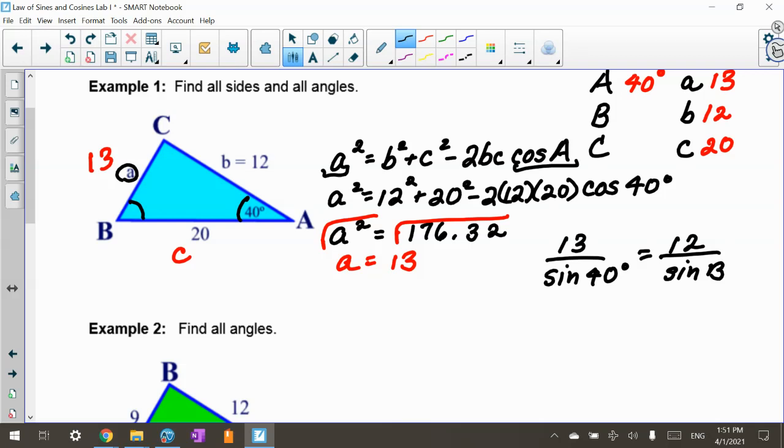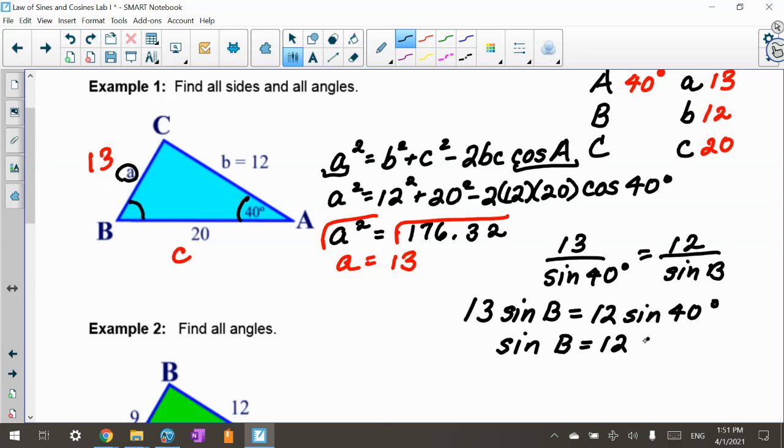So far, so good. Now, all you're going to do is cross multiply. So I have 13 times the sine of B equals 12 times the sine of 40 degrees. And then I'm going to divide by 13. I have the sine of B equals 12 sine of 40 degrees all over 13.